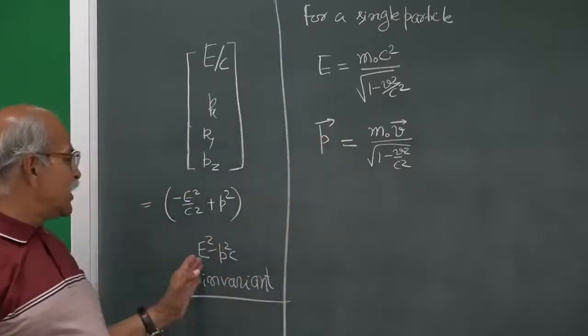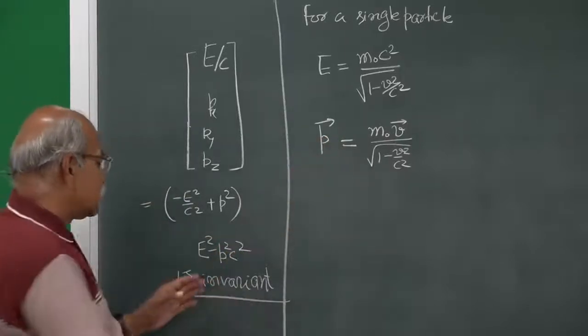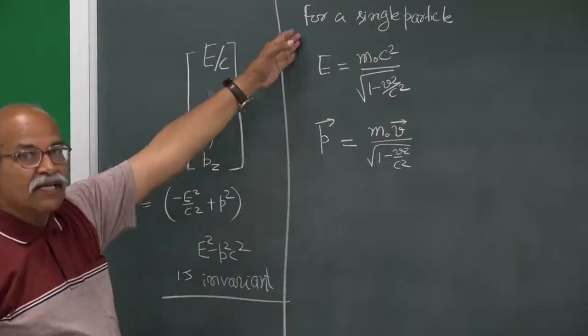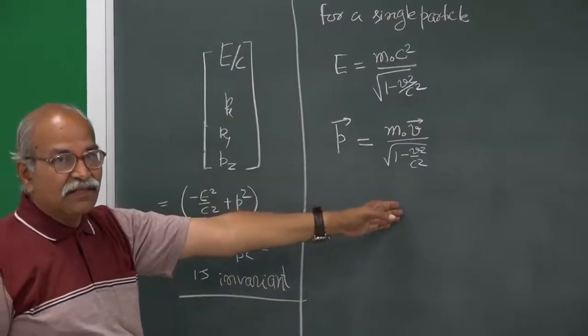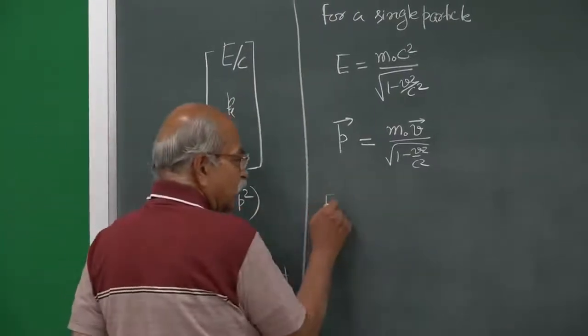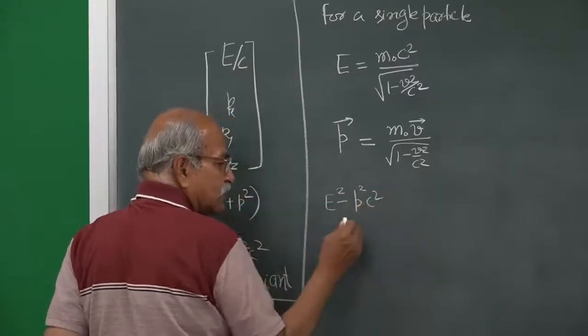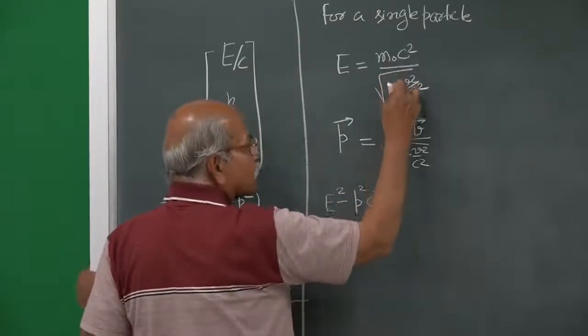So, what is E square minus P square C square for this particular case, a single particle? You can calculate from here. E square minus the magnitude of linear momentum square into C square is equal to the square of this.